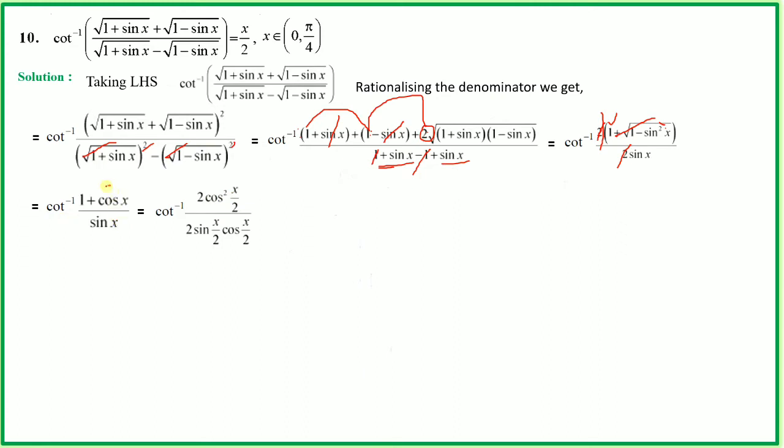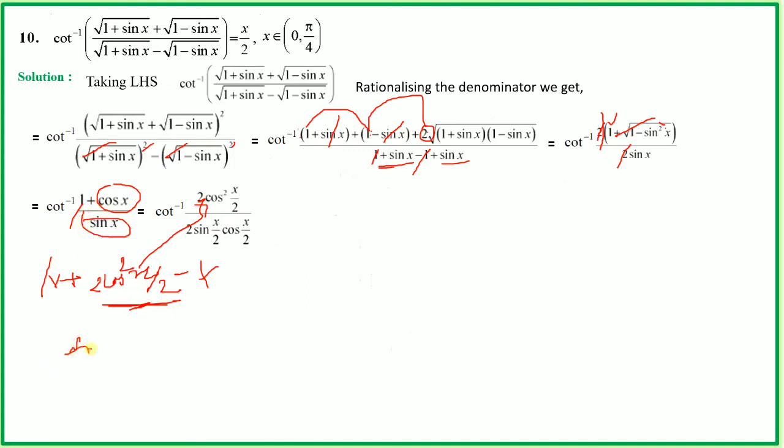I have already explained cos x. The value of cos x here they have put as 2 cos square x by 2 minus 1, and this 1 is already outside, so this 1 and this 1 cancel, so you will have here 2 cos square x by 2, this much only, and the denominator is sin x.